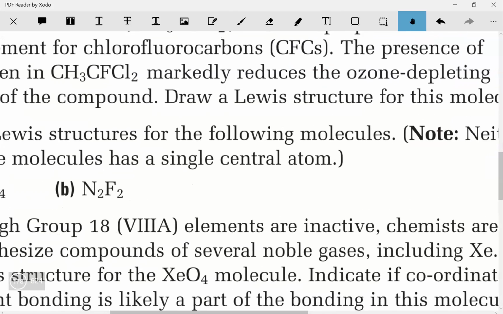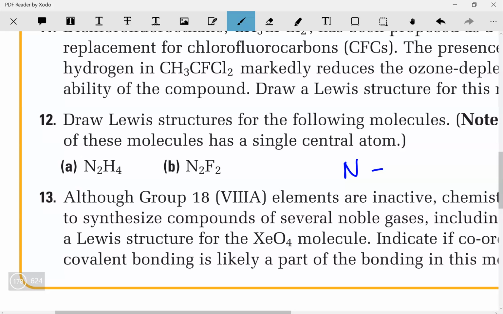But N2H4. Let's see. Here, let's do some calculations. So 5 plus 5 is 10, plus 4 is 14. So that's the total. Let's assume each nitrogen. Let's favor symmetry for lack of a better idea.